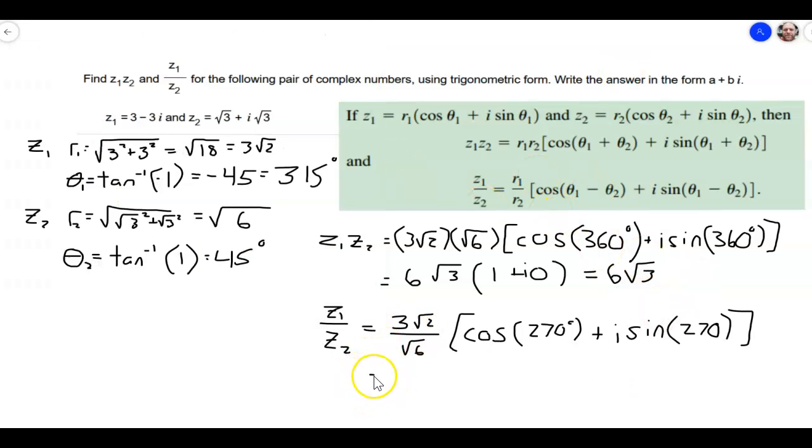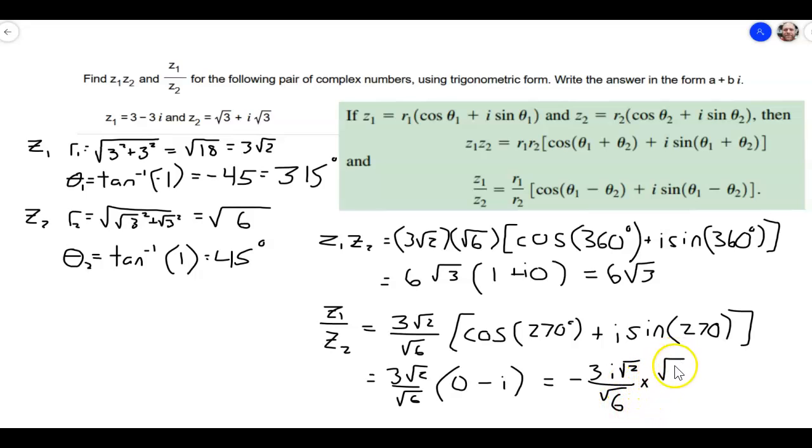So then this is going to be equal to, I'm running out of room here, 3 times the square root of 2 over the square root of 6, 0 plus, or actually that should be a minus I. So this ends up being negative 3I square root of 2 over square root of 6. And then we'll need to clean that up a little bit.